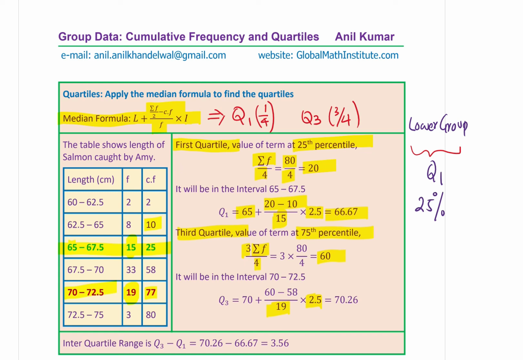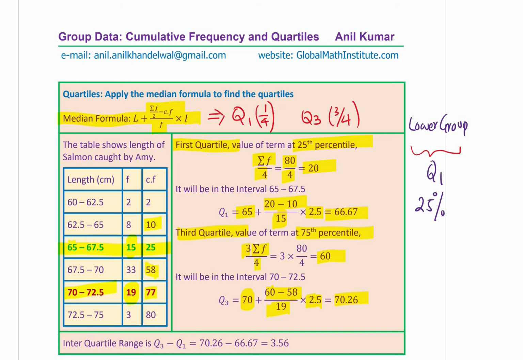Now within this, we are starting from the minimum value, which is 70, and therefore the L value is 70 for us. Now it is slightly more than 70. How much more is what we are trying to calculate. That is given by 60 minus 58. 58 is the cumulative frequency of the preceding interval. And therefore, once you calculate this, you get the answer 70.26.